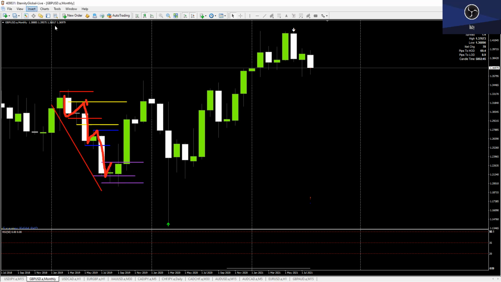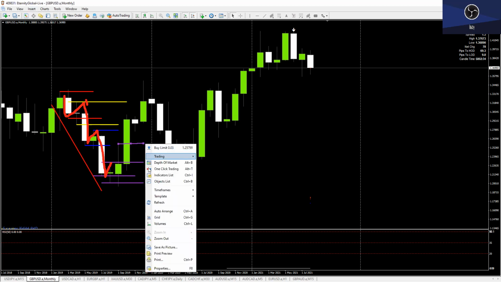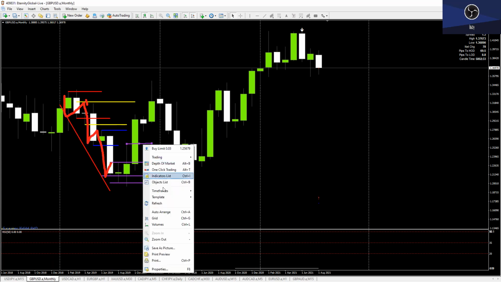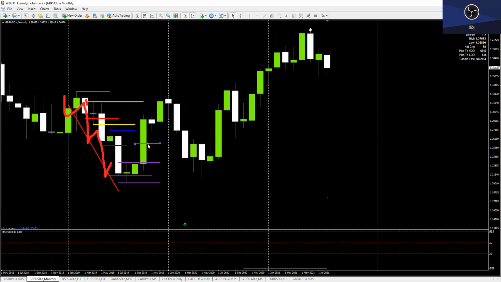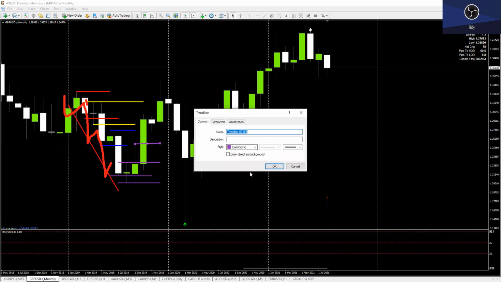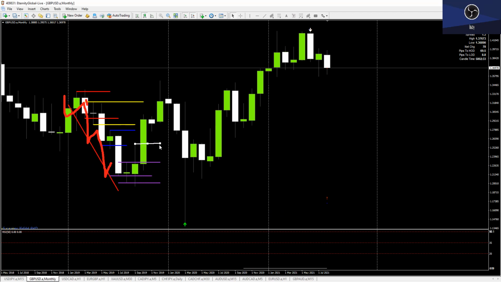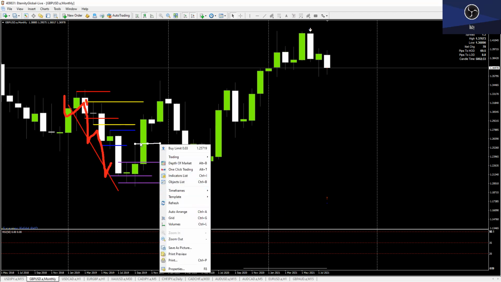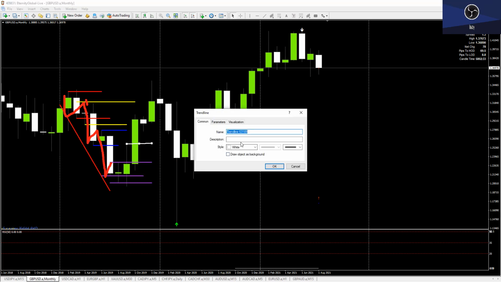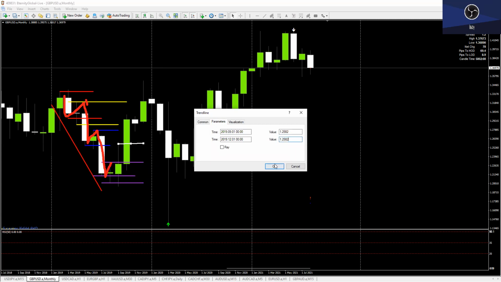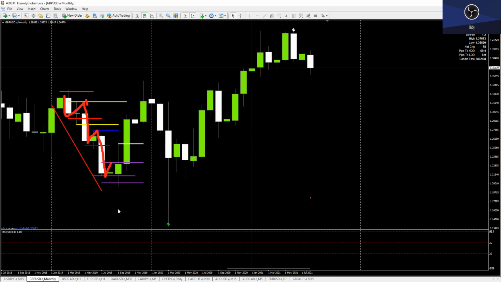And then right here, a higher high. Our first higher high. Now, a higher high indicates a reversal or a change in trend.